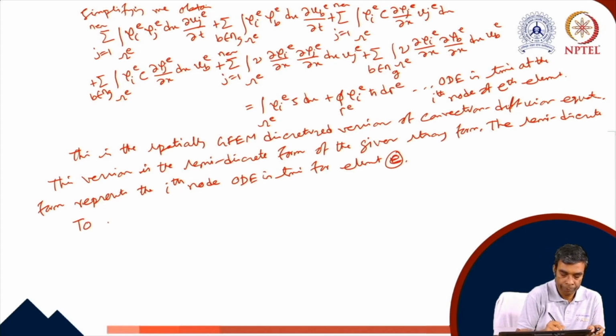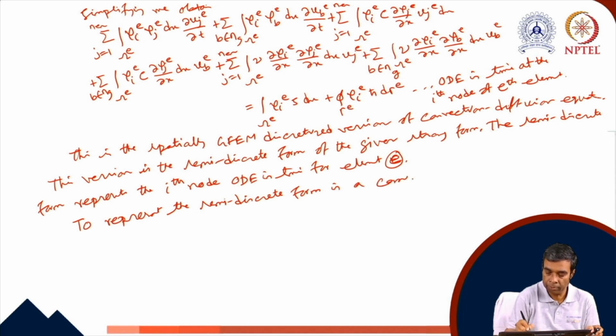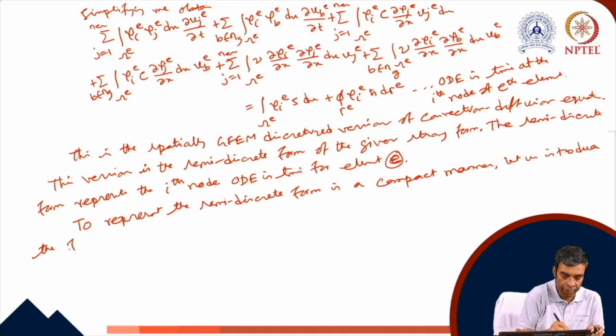To represent the semi-discrete form in a compact manner, let us introduce the following symbols.